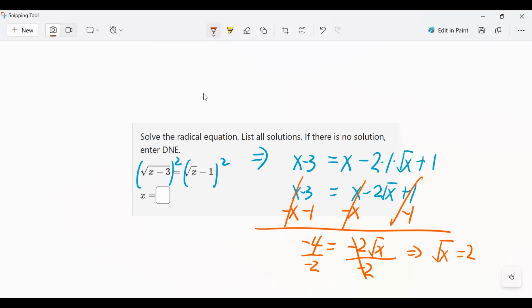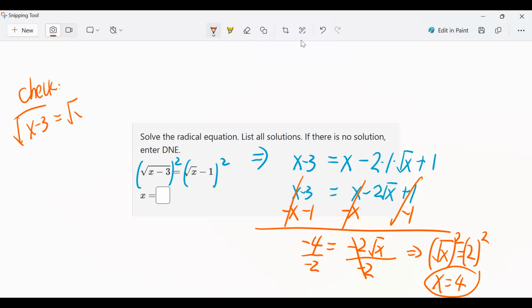Now square both sides of the equation one more time, and we get x equal to 4. So the answer is x equal to 4. And we're going to check it really quickly. Write out the original equation, radical x minus 3 equals radical x minus 1, and put in the 4 here. So 4 minus 3, square root of 4 minus 3, that's square root of 1.